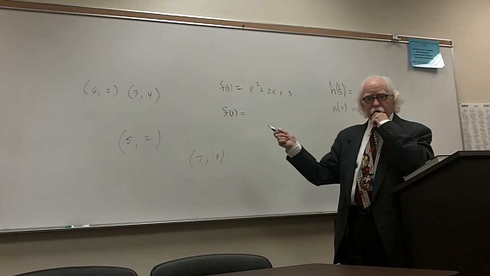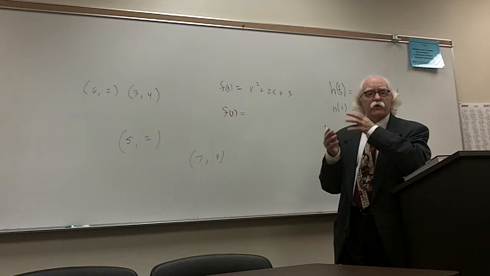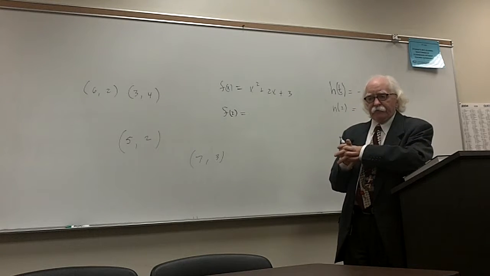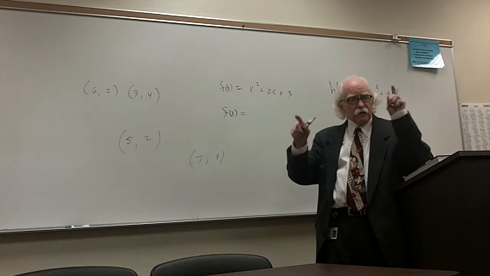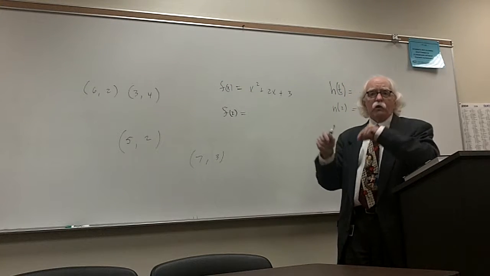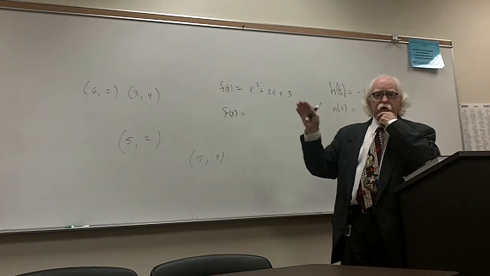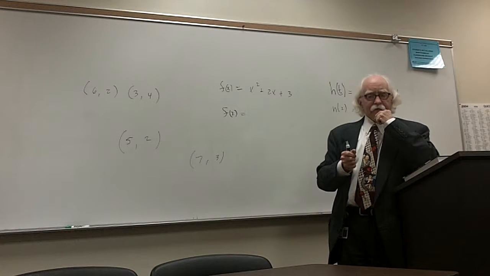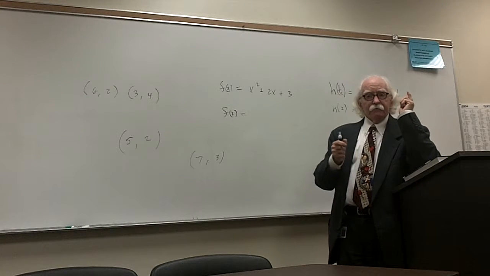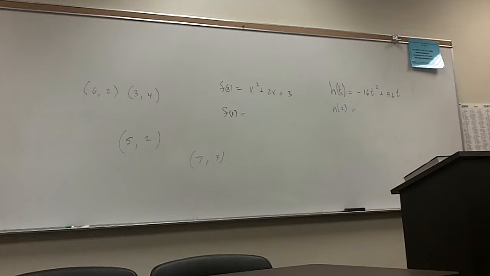And they may ask you, is that a function? And the way you determine if this represents a function is just look at the first number in each one of them. Look at the very first number. Okay?